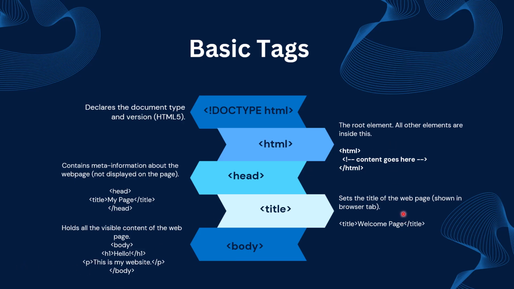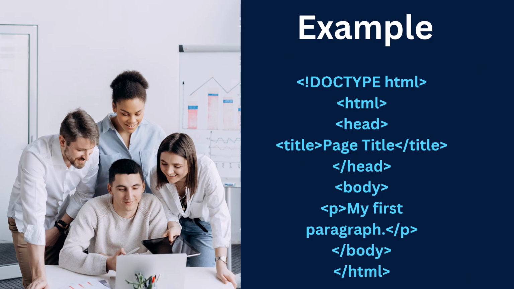Let's see the example. And also there are many tags like the h tag and paragraph tag. The h tag is used for headings, which looks like this. Let's see this example.